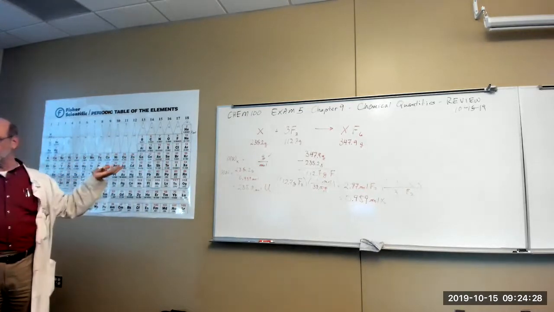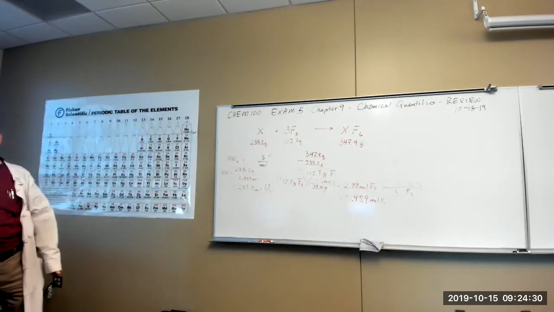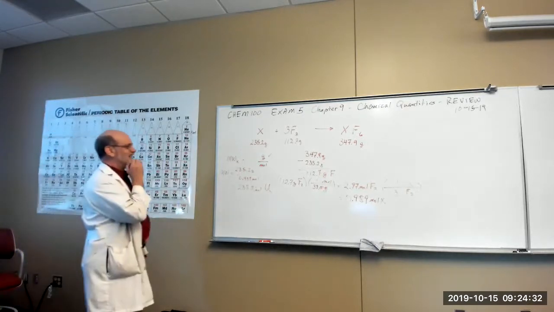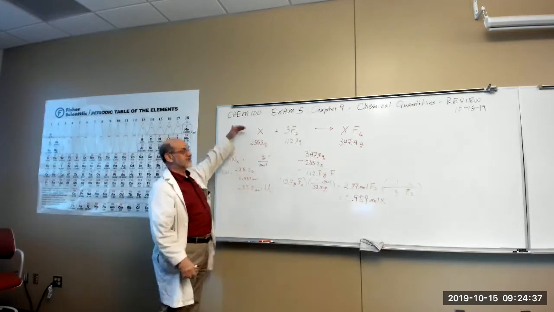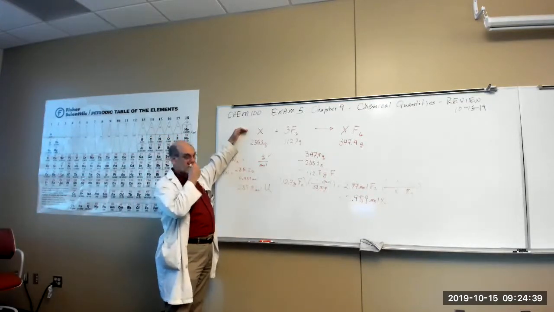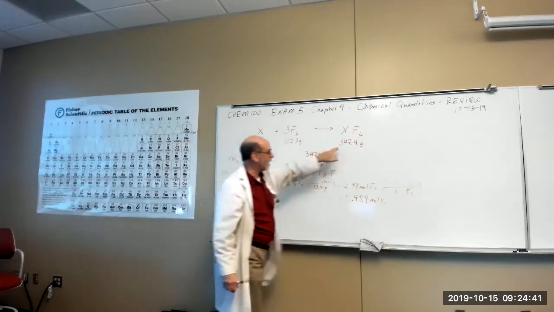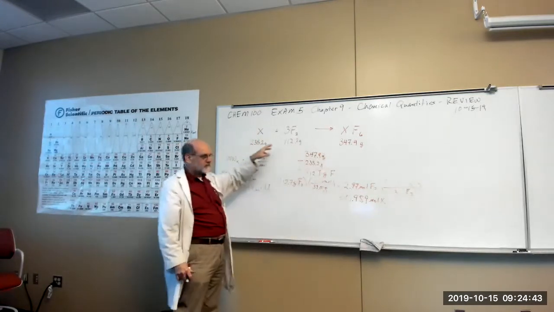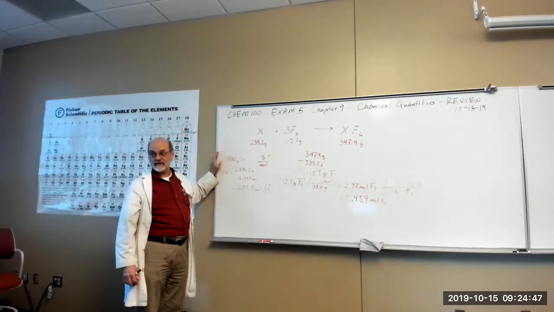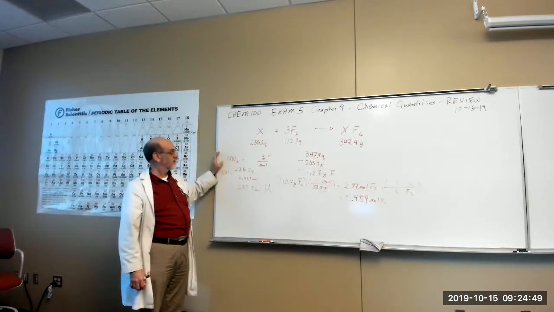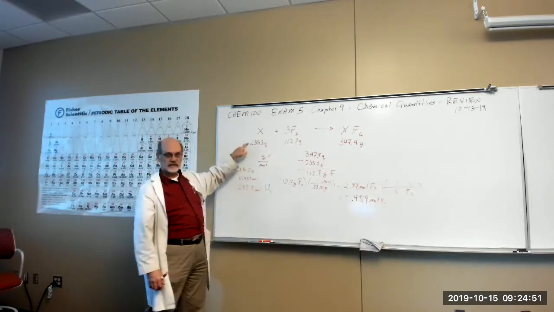Think you can reproduce that? You give them this, you give them that, you know what you need to find. You need to find the molar mass to identify the element. You already have part of it.